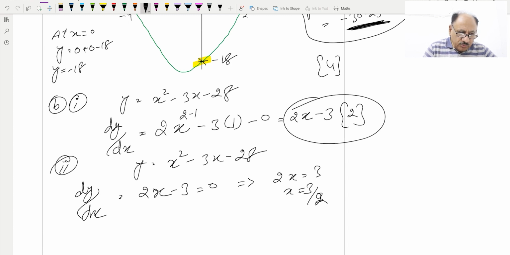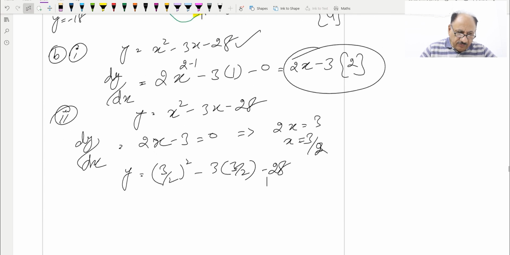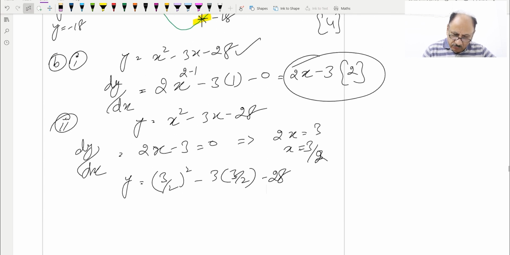So we will replace the 3 by 2 value in this y equation. So y is equal to 3 by 2 square minus 3 into 3 by 2 minus 28, and this will be the y value which we need to find.